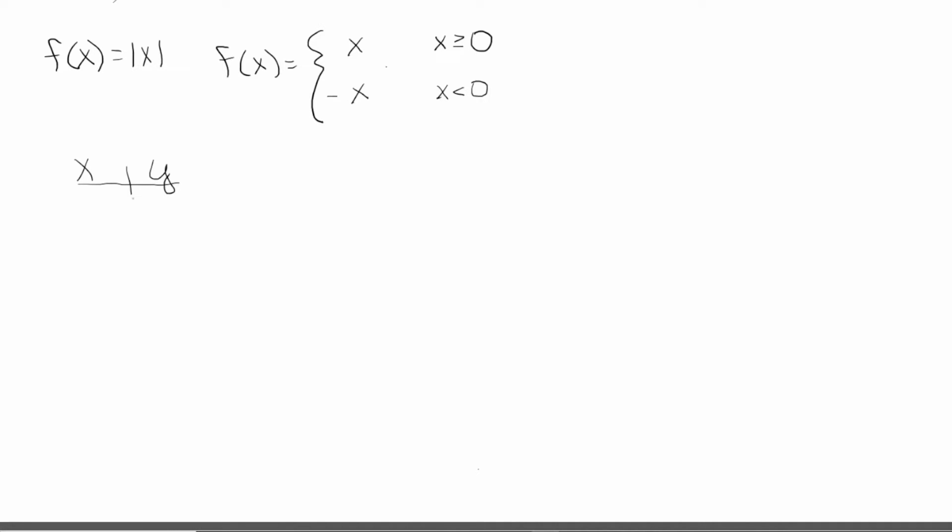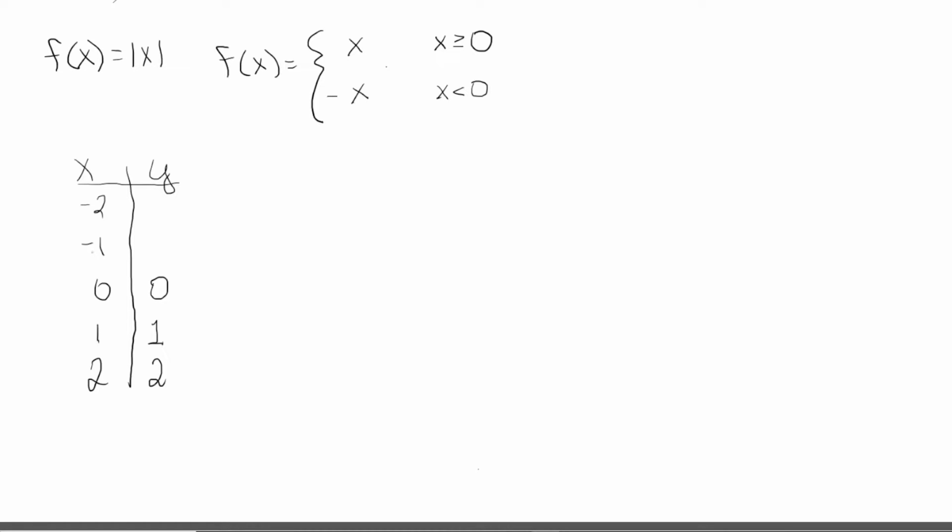To graph this, I'm going to plug in values like -2, -1, 0, 1, and 2. The absolute value of 2 is 2, the absolute value of 1 is 1, and the absolute value of 0 is 0. All three of those get plugged into the top part of our piecewise function, which just outputs the same thing.